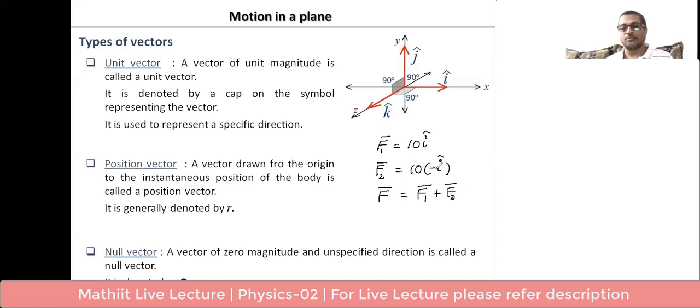When you add 10 to minus 10, what do you get? You'll get a 0. If I write just a 0, you know why it is wrong? How can a vector quantity be equal to a scalar? That is wrong. Because the 0 was obtained after subtraction of two vectors. Therefore, in order to be very specific, we put a 0 bar.